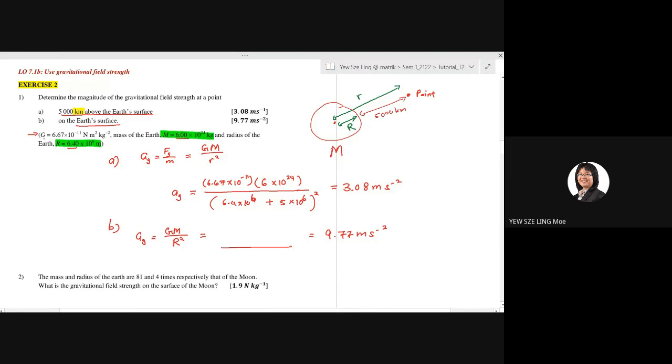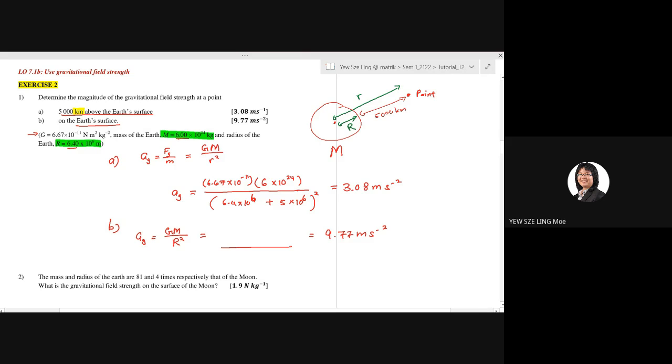For example, if the question gives you G equals 6.7 times 10 to the power of negative 11, but the list of constants gives you 6.67 times 10 to the power of negative 11, then in our calculation we use 6.7 because that is given in the question. If the question didn't give you the value, then you refer to the list of constants. That is your second priority. First priority is the question. Second priority is the list of constants. If you cannot find the value in either the question or the list of constants, then you use your own value, the value that you memorized.